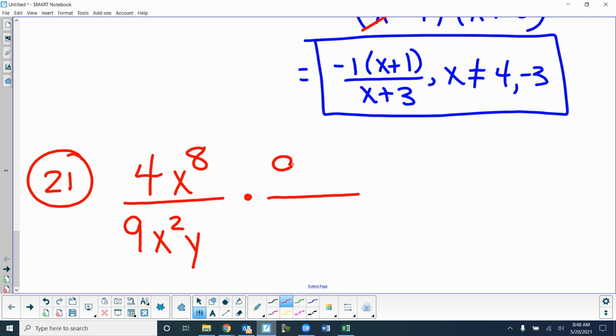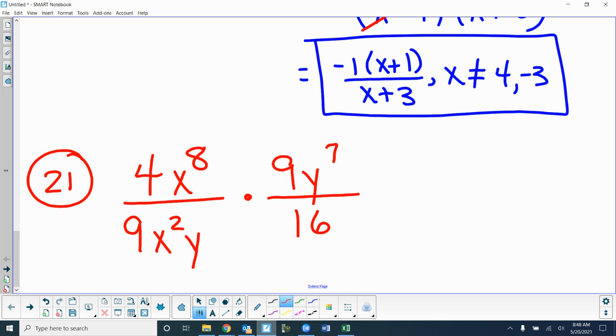So the 9y to the 7 goes to the top, and the 16 goes to the bottom. Just flip that second one, make it a multiplication problem. Now this one's a little easier because I don't have to do any factoring, because there's no addition or subtraction sign. Okay? So it's basically already factored. So I'm looking for numbers and variables that can cancel. You see any numbers or variables that can cancel?